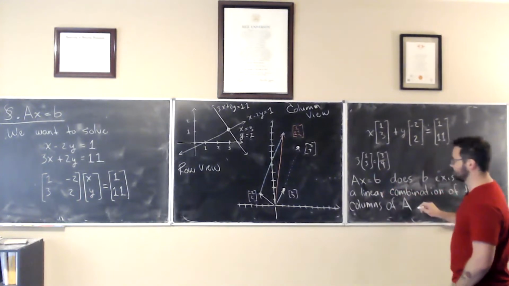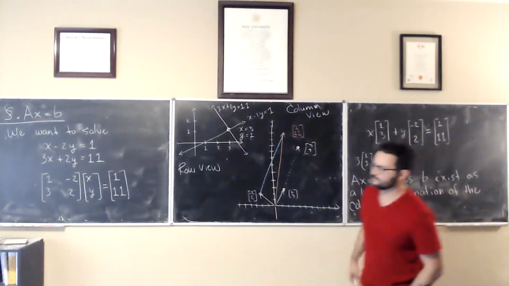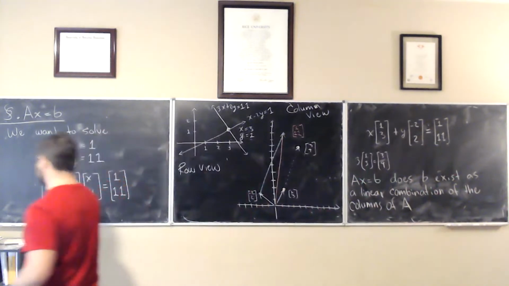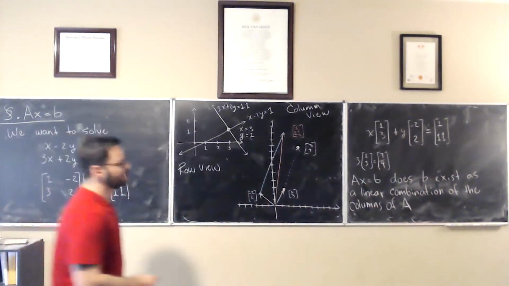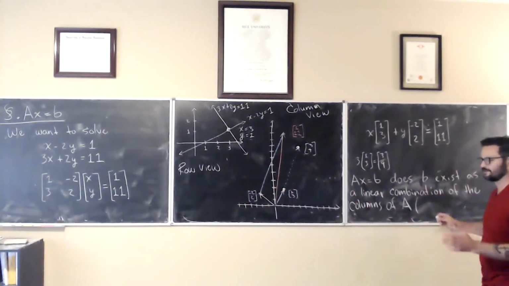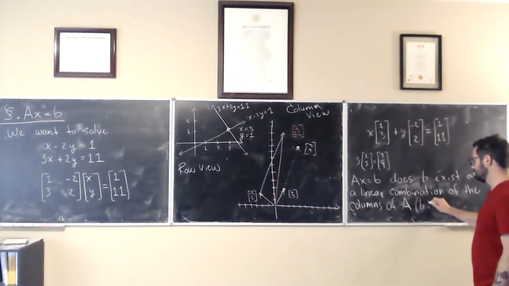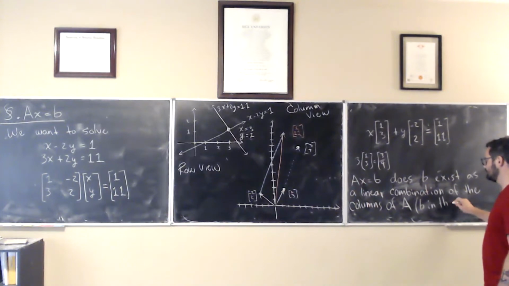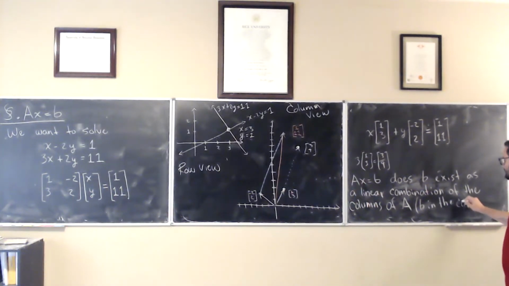That's the key point for the column picture. Another way of saying this, and I'll put it in parentheses because we're not quite there yet, is B in the column space of A?